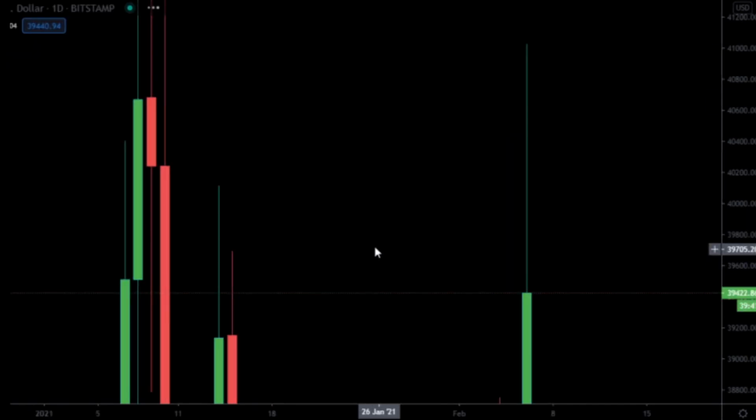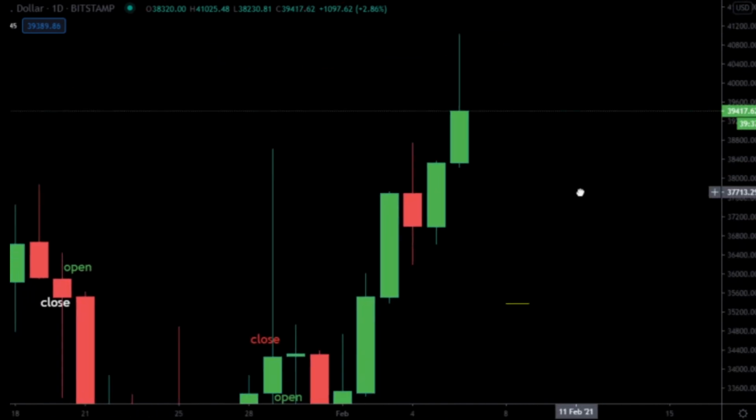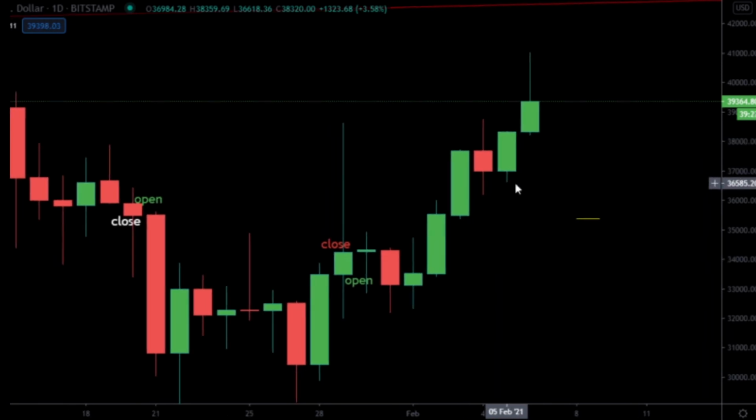Look at the daily. Where are we at with the daily? Still up. We're still on an uptrend. This is not a reversal signal. It is not a reversal signal until you surpass below this candle here. Then you're done. Then you know there's a possibility of a reversal going the other way.